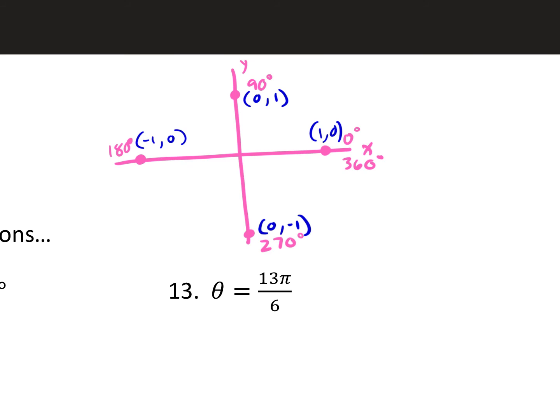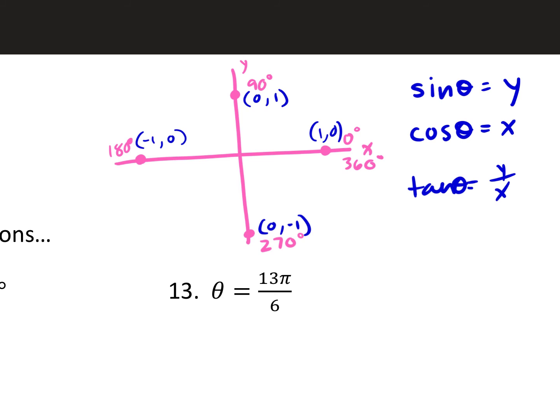And then if it asks for the trig functions, we look at what coordinate, x, y, or r. For sine, we look at the y. For cosine, we look at the x. And for tangent, y over x.